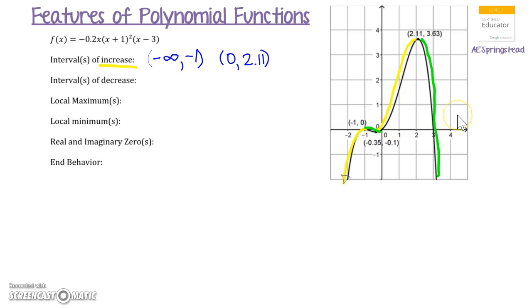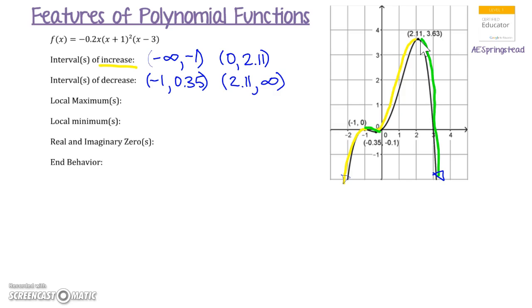So those are going to be my endpoints for the interval. So negative 1 all the way up to negative 0.35. And then it's also going to start decreasing again at 2.11, and it's going to continue decreasing for x values all the way to positive infinity. So we go from 2.11 all the way up to positive infinity.